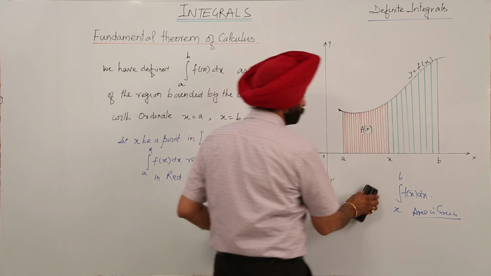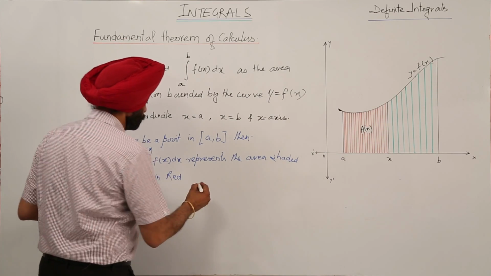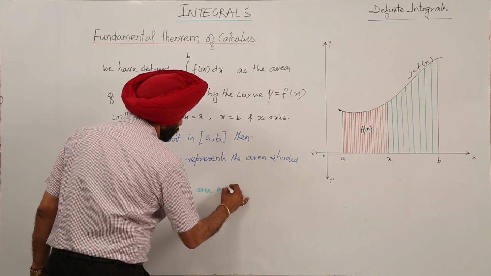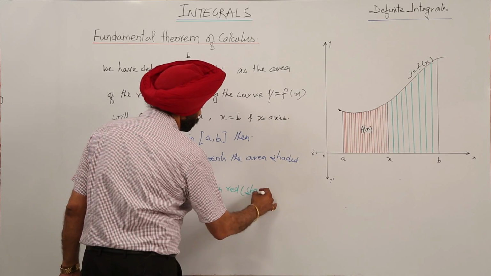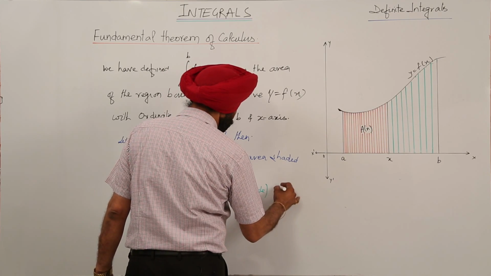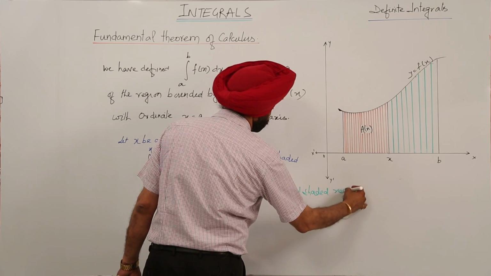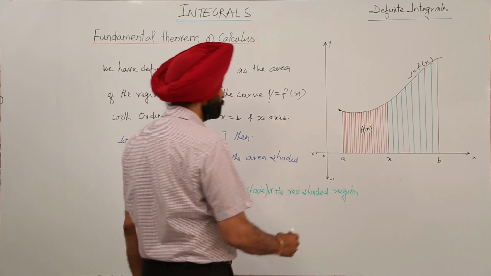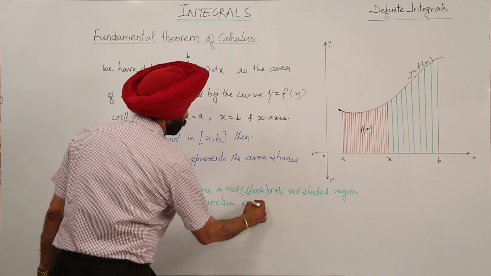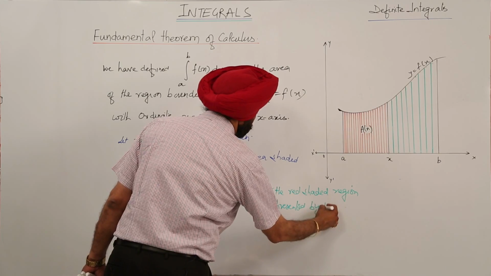Okay. So now the area in red shade, or the red shaded region, is a function of x represented by capital A(x).